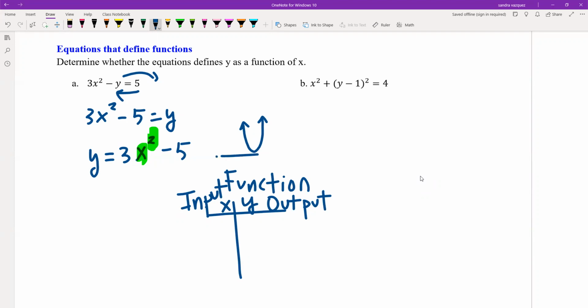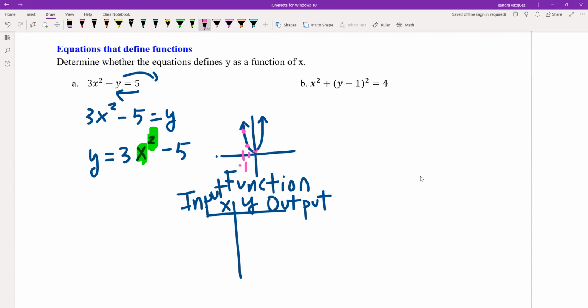And of course, this one's going to be unique because if I input a number here, it's not going to repeat. If I give it an input right here, it's just going to give me this output. If I input something in here, it's going to give me a unique output. So that would be a function.